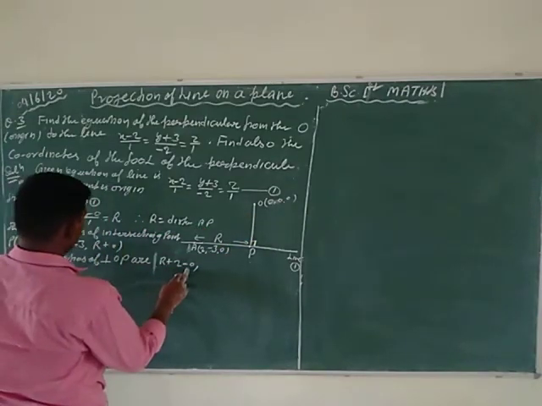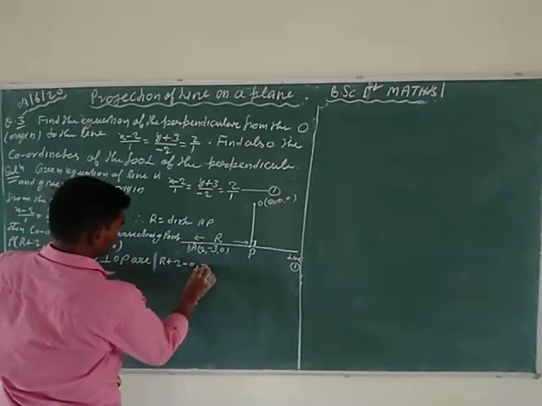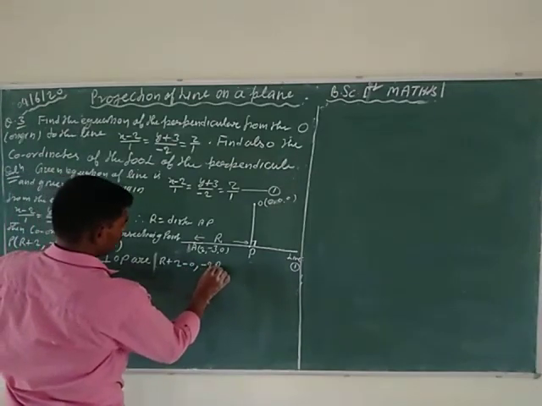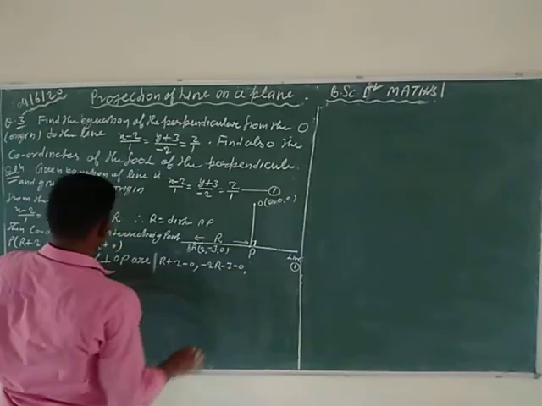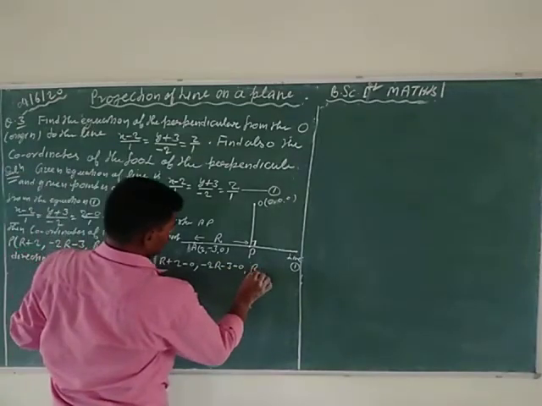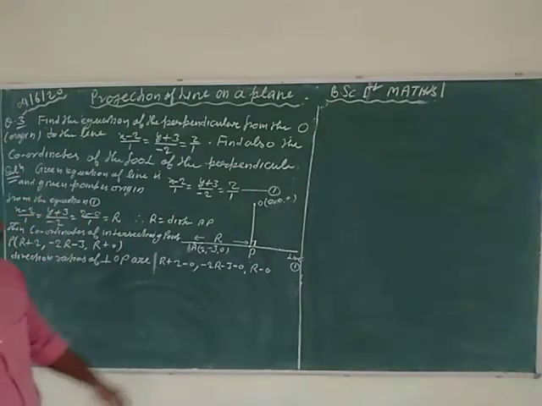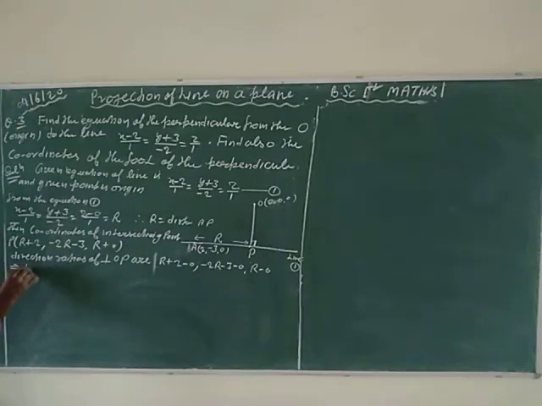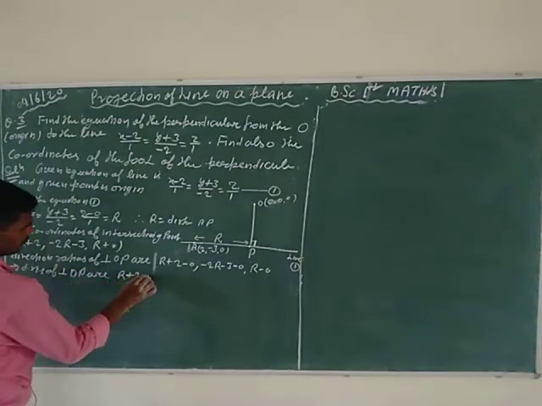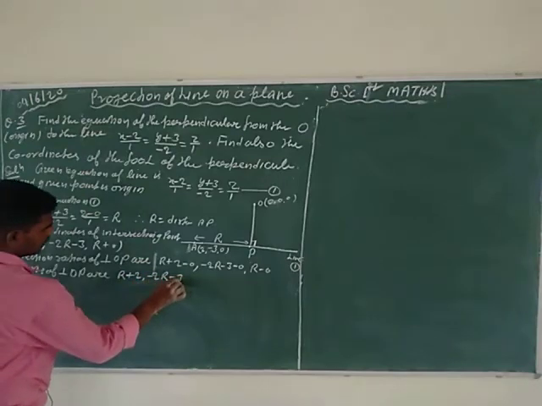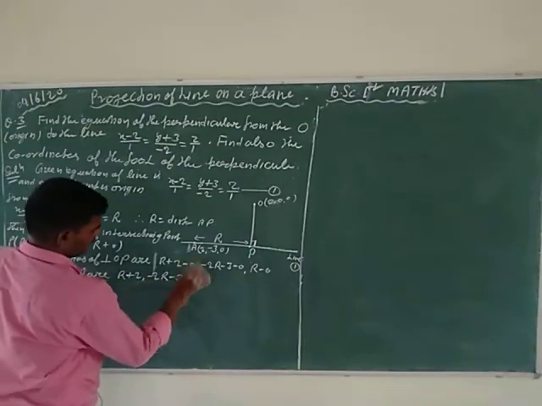After simplification, the direction ratios of perpendicular line OP are r plus 2, minus 2r minus 3, and r.